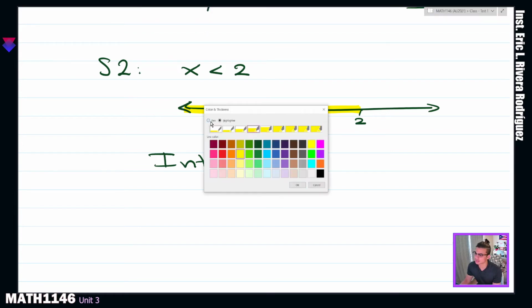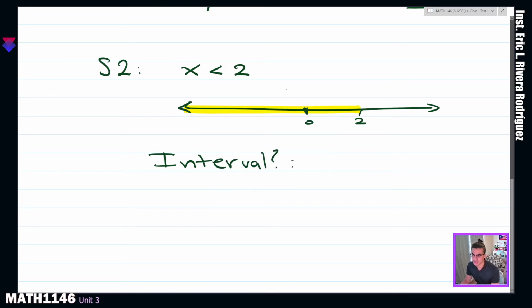So that yellow color is representing all the values for x, because those are less than 2. We know that on the left of that number line, we have negative infinity. On the right, we have positive infinity. So let's focus on this part.